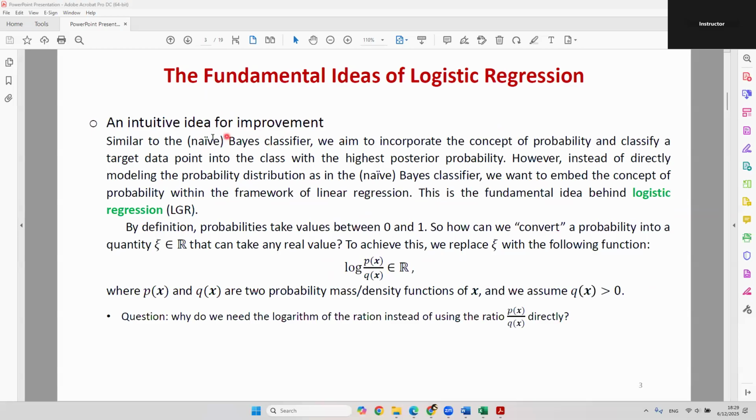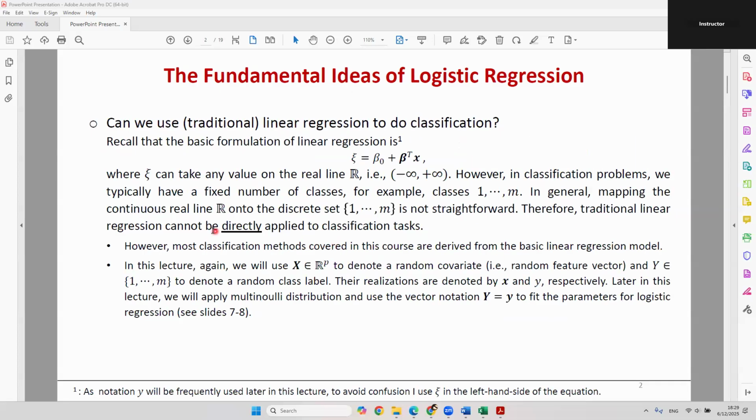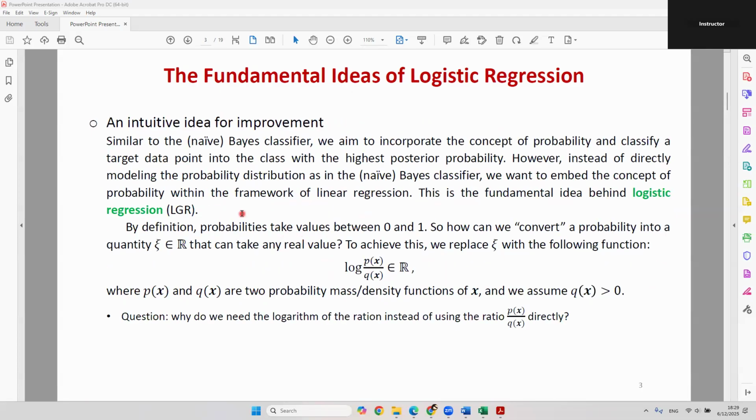An intuitive idea for improvement to handle this issue is that we need to include the concept of probability and classify a target data into the class with the highest posterior probability.